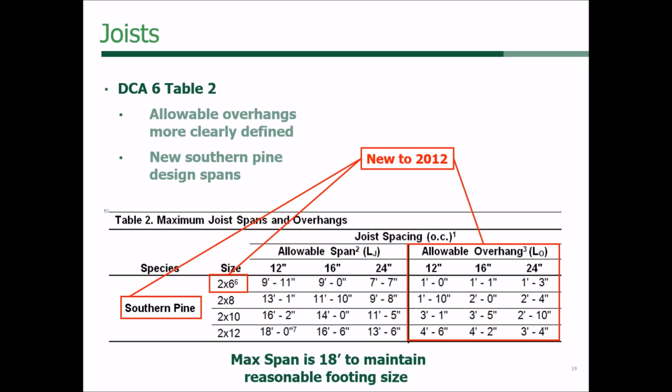And the last few versions of the IRC have had that in it, and this right here, the DCA6 2012, is when those new design values were integrated into the document. Before, the previous version had to have an amendment to cover those.